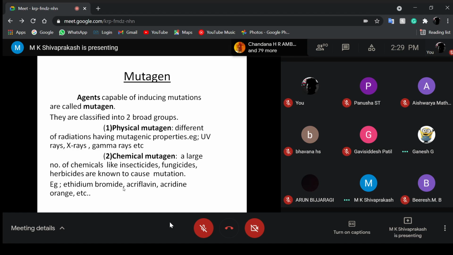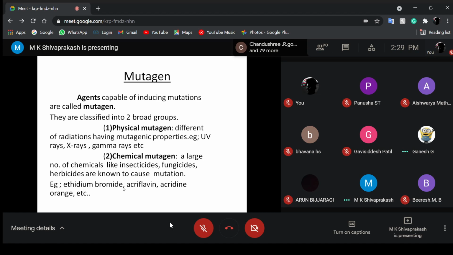But these gamma rays are also useful in medical treatments.